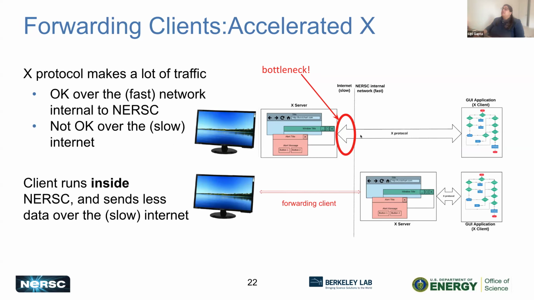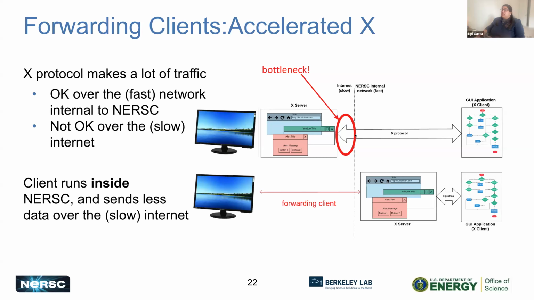One thing to remember is that the internal network within NERSC, the network that connects NERSC to itself, like all the other nodes, is extremely fast. It's several gigabits. I have gigabit internet, but on a good day, it's still only like 0.7 or 0.8 gigabits.